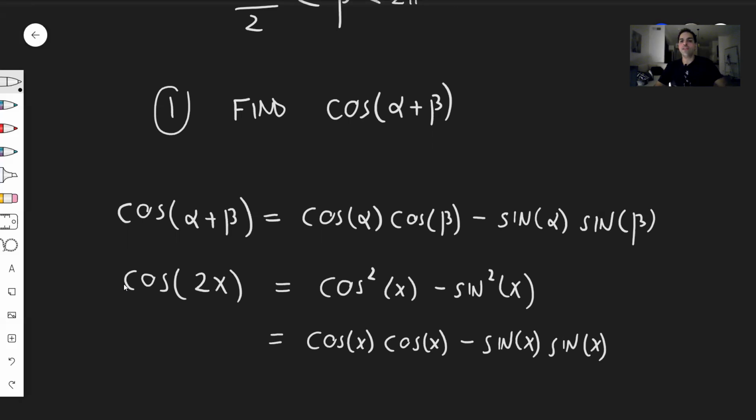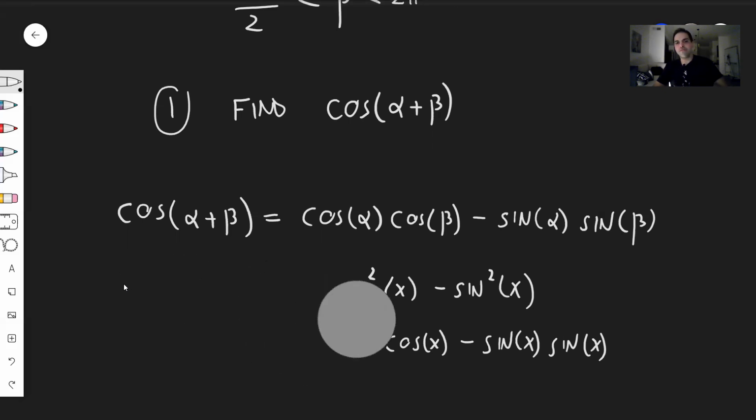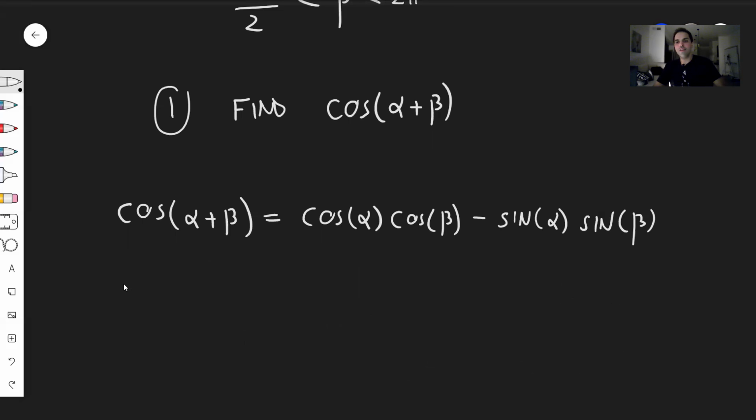You see, so cosine cosine minus sine sine. And same thing here, you see cosine alpha cosine beta minus sine alpha sine beta. Okay, and again, it's not important, it's just a mnemonic.